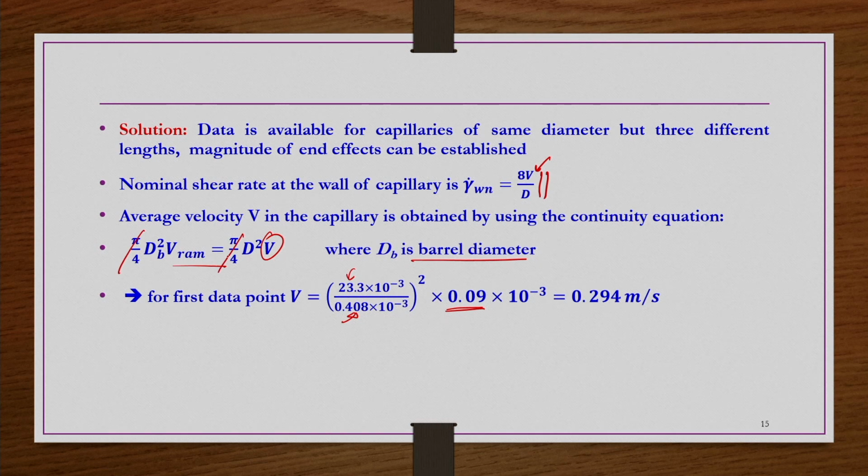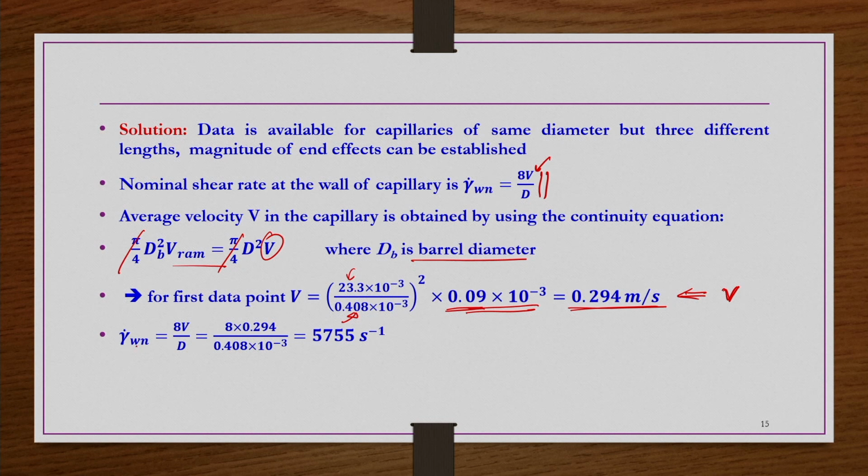V is nothing but dB square by D square multiplied by V ram, that is 0.09 mm per second. So, in meters, 10 power minus 3 is there. Overall you get V average in the capillary as 0.294 meter per second. This is for the first data point.